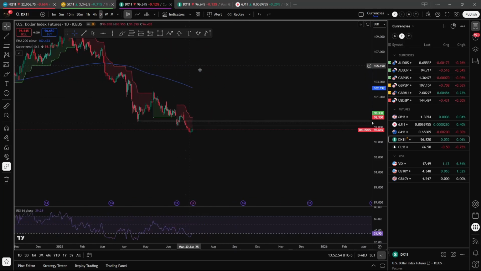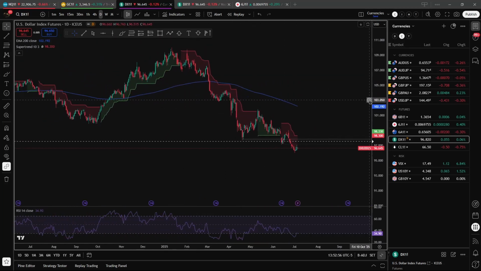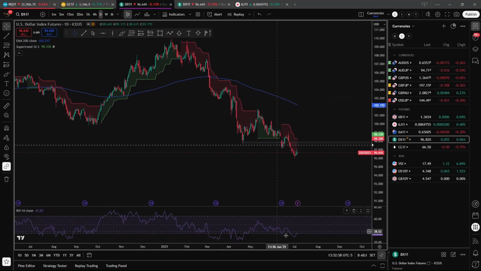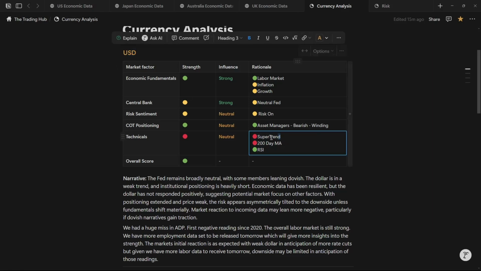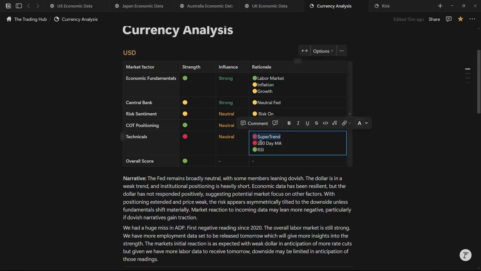I use the SuperTrend indicator with a period of 14, and I use the RSI. Those are the 3 technical indicators that I use to give us a bias. You can see that for the dollar at the moment, SuperTrend is giving a bearish point, the 200-day MA is giving a bearish point, and RSI is giving a bullish point.